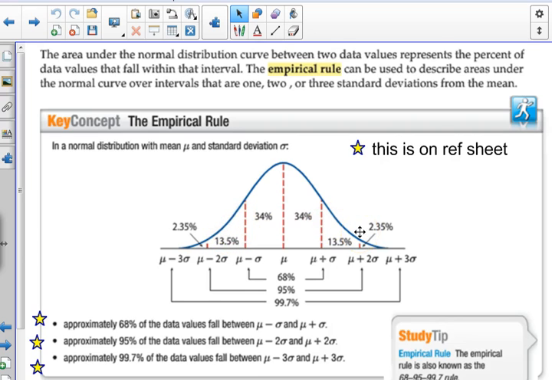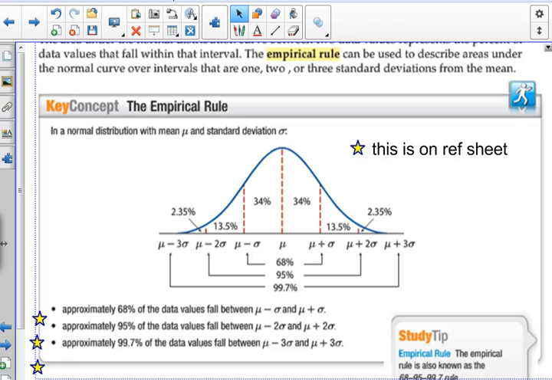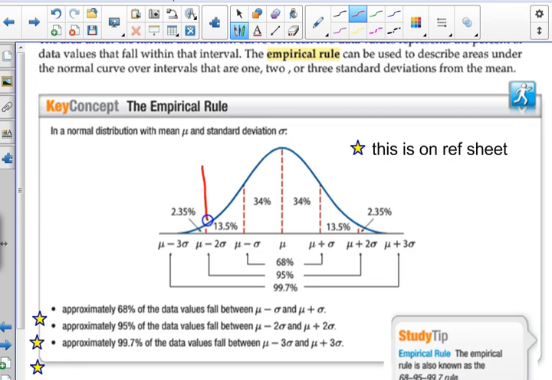95% is within 2 standard deviations. So 95% is going from the mean minus 2 standard deviations down here to the mean plus 2 standard deviations up here. That's 95%. Okay.